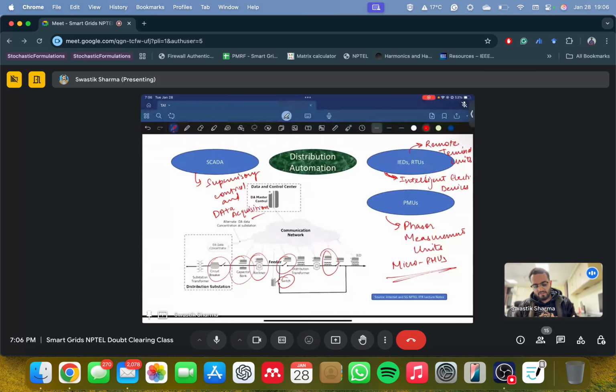And all of this has to be supplied to a data concentrator. You can't just measure each and every instant. It needs to go from one place to another to be made readable or legible for you, right? That is where distribution automation comes into play.